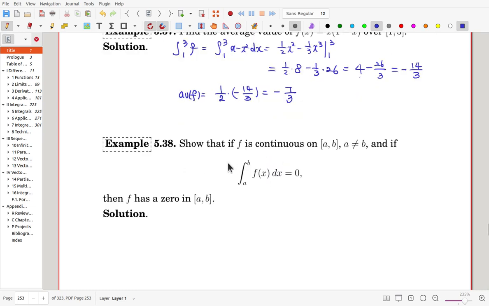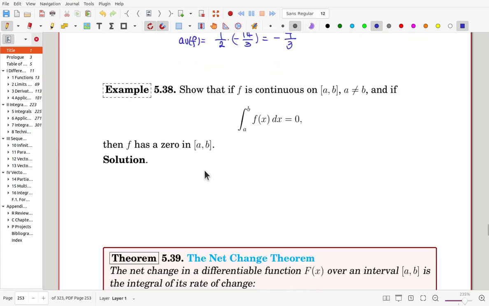Show that if f is continuous on the interval a to b, and if its integral is 0, then f has a 0. Now, let's try to visualize the problem. From a to b, the integral of a continuous function is 0, which means there are two cases.